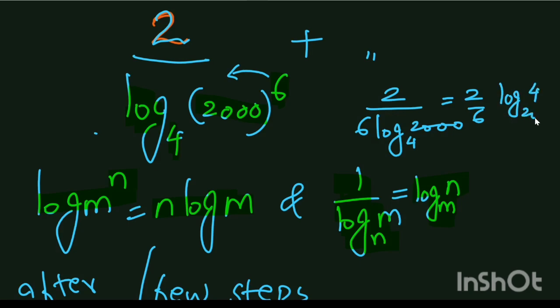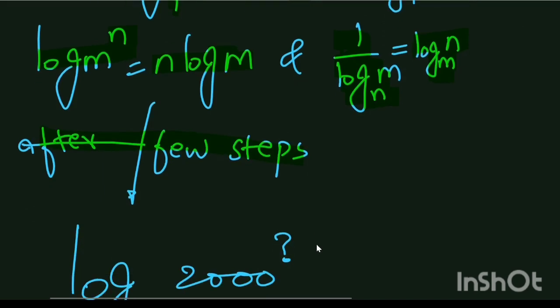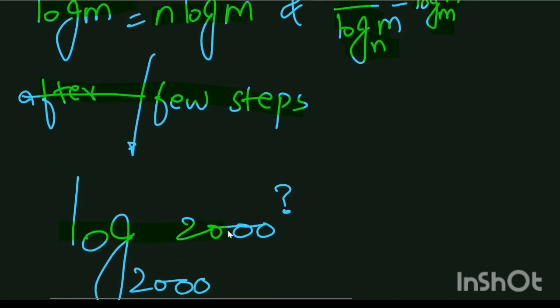Yes, 4 base 2000. So that way the second term also we can proceed with, and after a few steps, when you simplify, what you will get would be something of this form: log 2000 to the power something. That value, which is the question mark, is what we need to get.